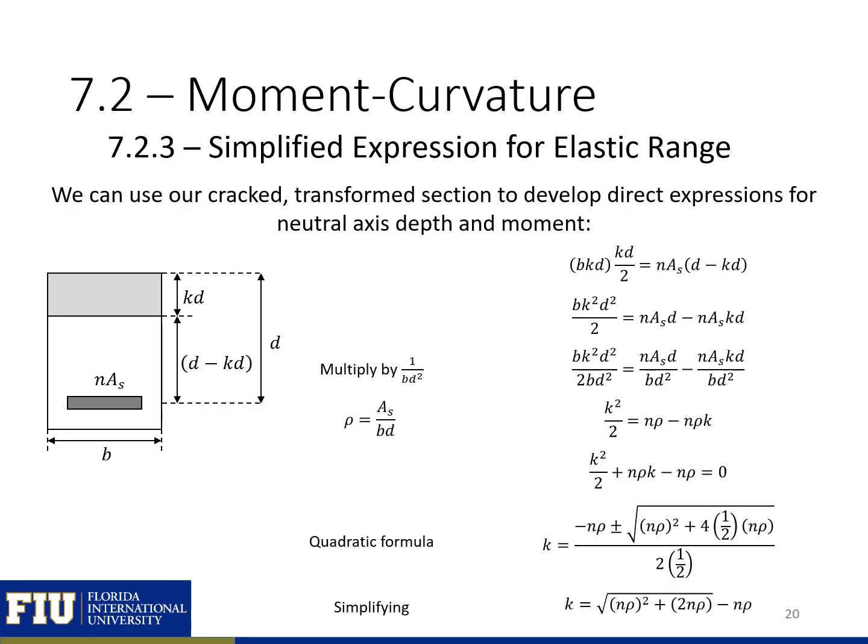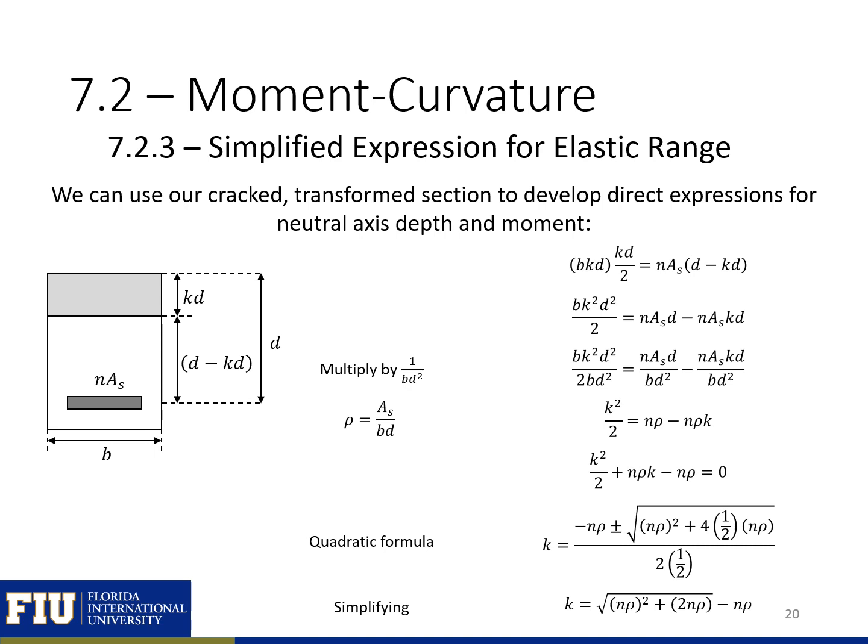On the next 2 slides, we're going to use our cracked transform section properties to develop a direct expression for the neutral axis depth and moment. So this is a simplified expression for representing our beam's behavior in the elastic region.